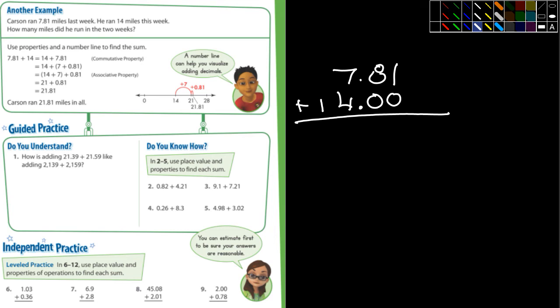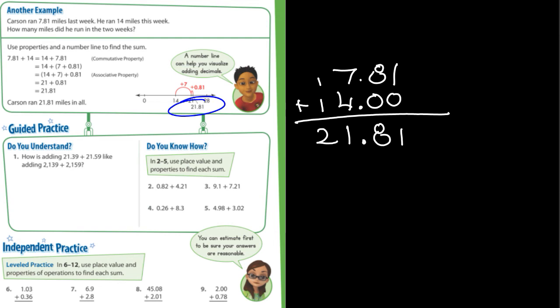The question is, how many miles did he run in the 2 weeks? Well, 0 plus 1 is 1, 0 plus 8 is 8. Bring the decimal straight down. 7 and 4 is 11. Put down the 1, carry the 1, 2. So it looks like it's 21.81, and that's what they came up with.